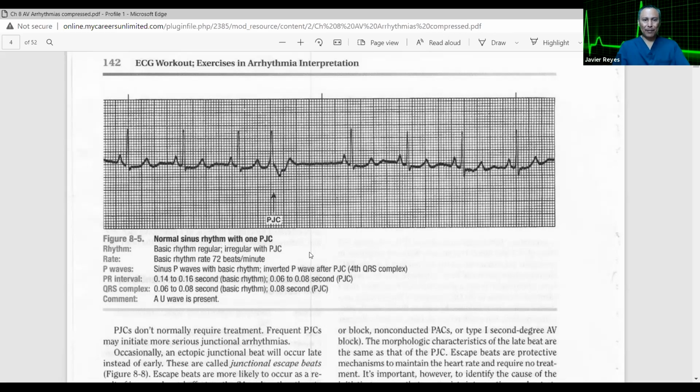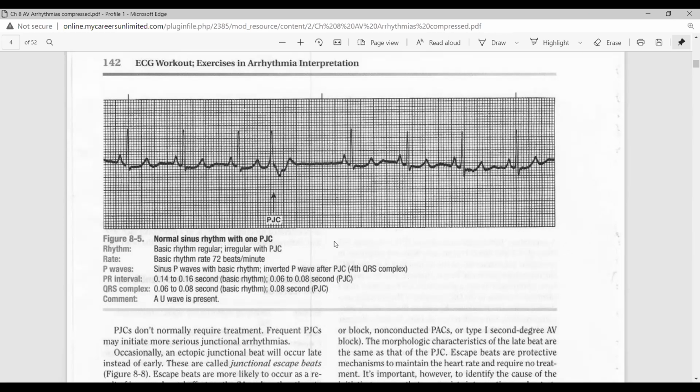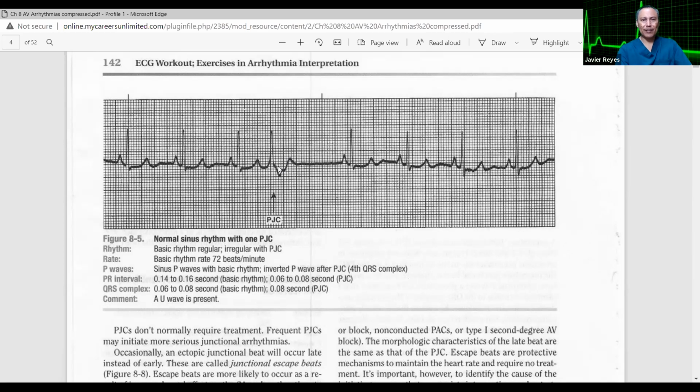But that's good. That's how we learn, right? We don't see it, but you did identify the right one. Is that the one you were talking about? Yes. Where's the P wave? After this one right here, that's your P wave.